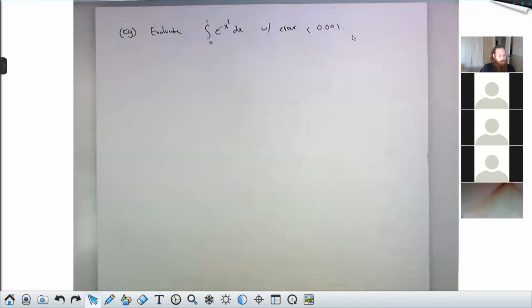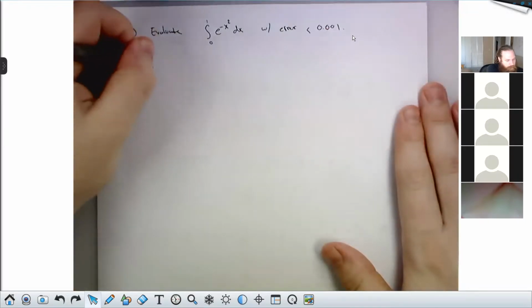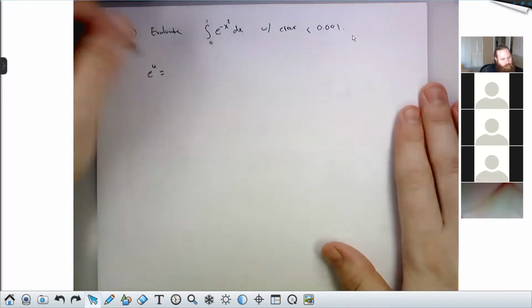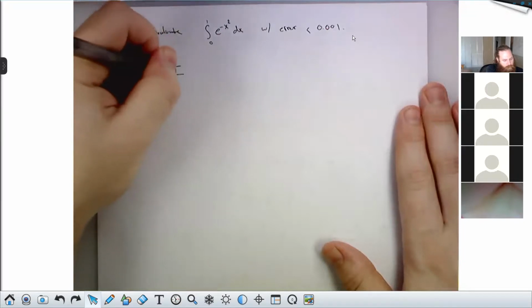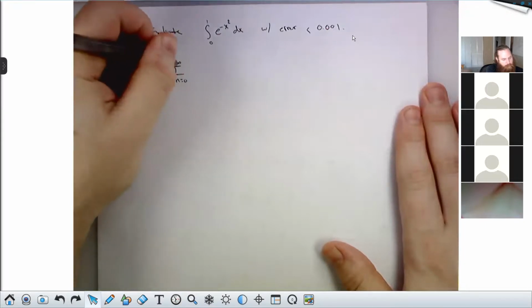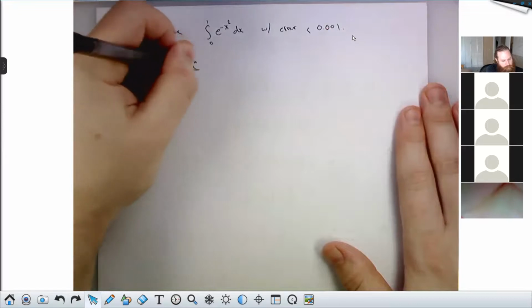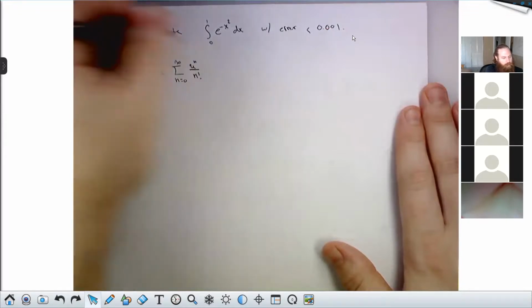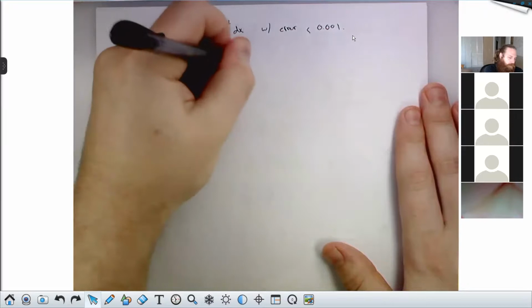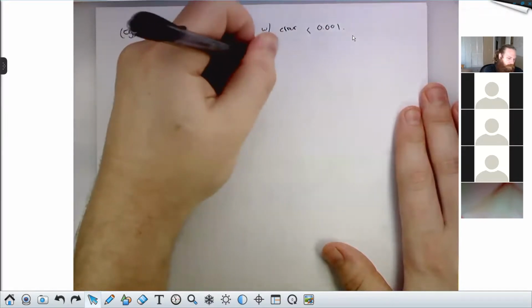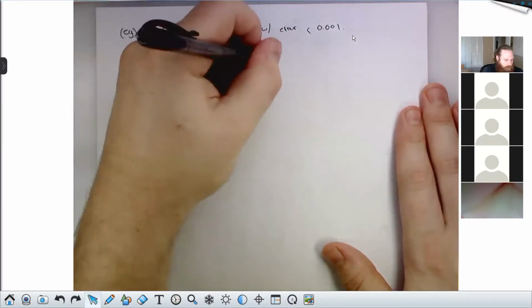theorem for alternating series. So I begin with the fact that e to the u can be written as sigma n from 0 to infinity u to the n over n factorial, and plug in u equals negative x squared.